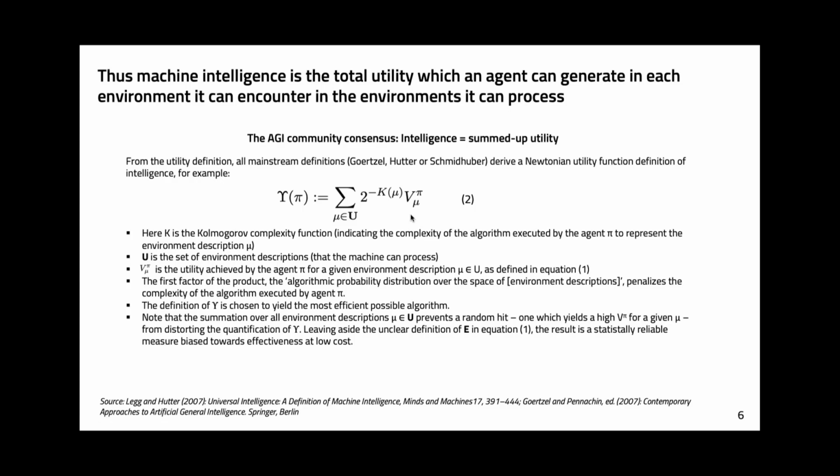But the second question is this capital U, the set of environment descriptions. How is this supposed to be interpreted? Because it's written as a sum, but I would take that in general this is like a manifold in the best case. It's a sum over the elements of a set. That's fine mathematically.